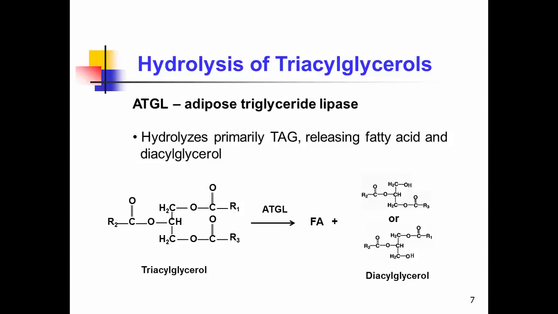Here we talk about each specific enzyme and what it does in lipolysis. For example, the substrate for ATGL is triglyceride, and it removes the first fatty acid from the SN1 or SN3 position.